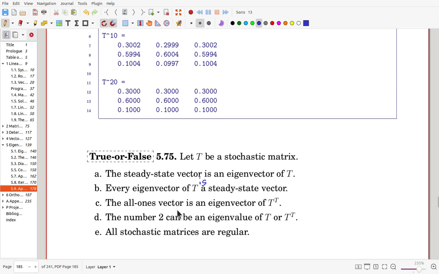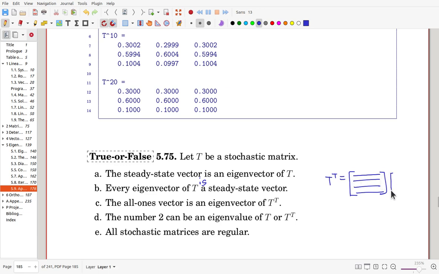The all ones vector is an eigenvector of T transpose. Is it true? It must be. Now, T transpose is given in this way, and each row has sum 1, because originally T has column sum 1 for each column, so T transpose has row sum 1.